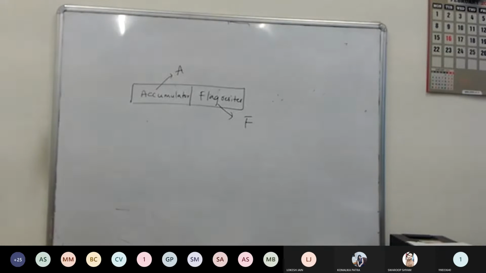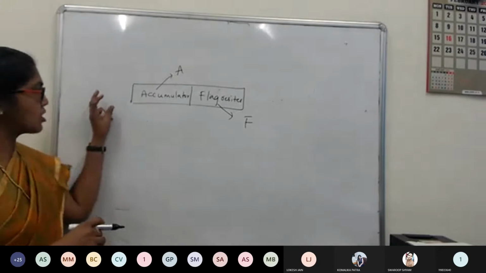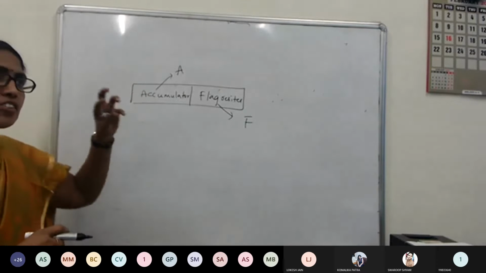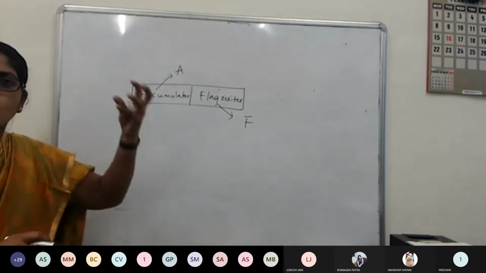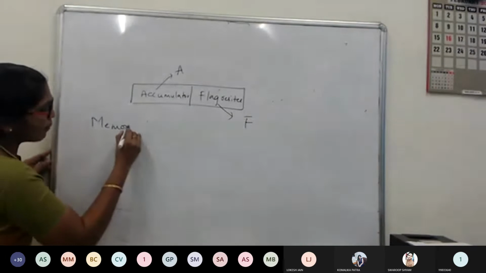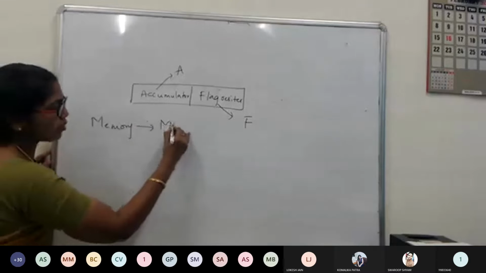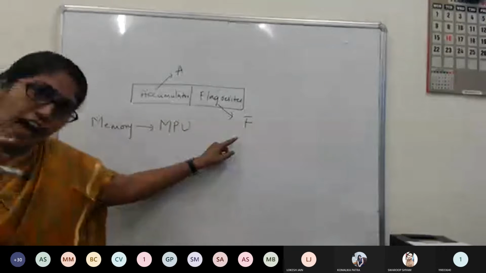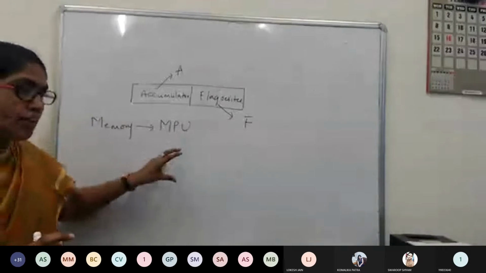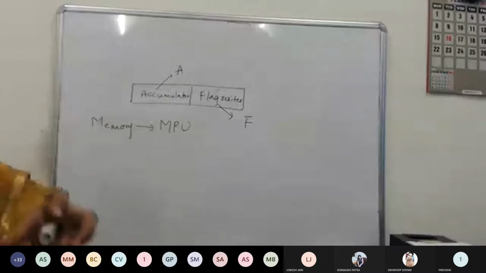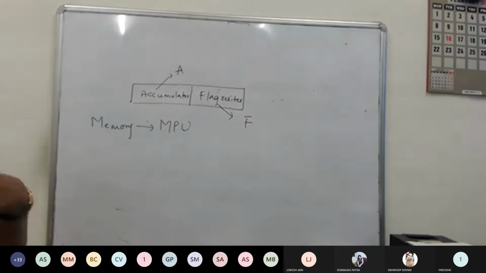Why? Because if you look at this scenario, the accumulator is a register which is very close to memory. Now memory is a part of the microprocessing unit, isn't it? Don't think that these are not part of it. They are a part. But the memory in the unit will be accessed very frequently, and they require some intermediate registers.